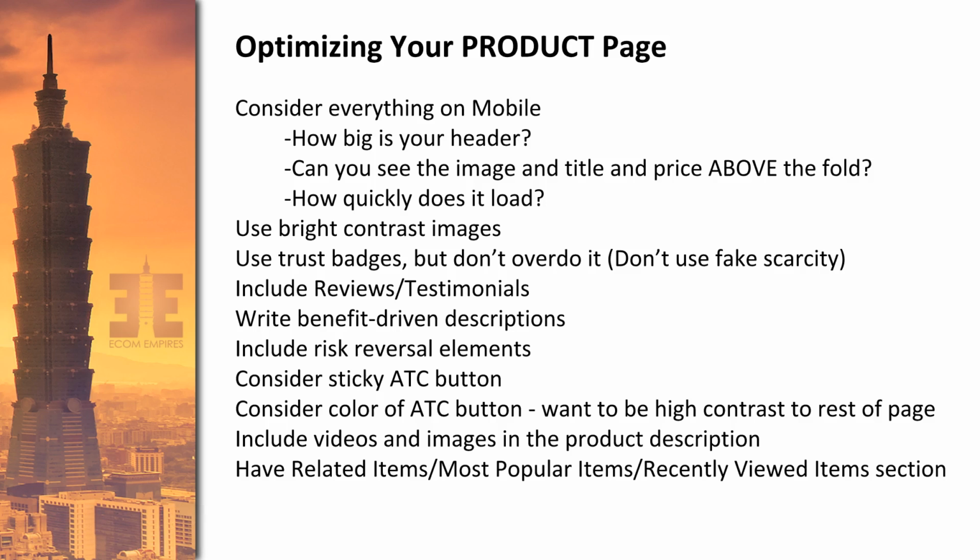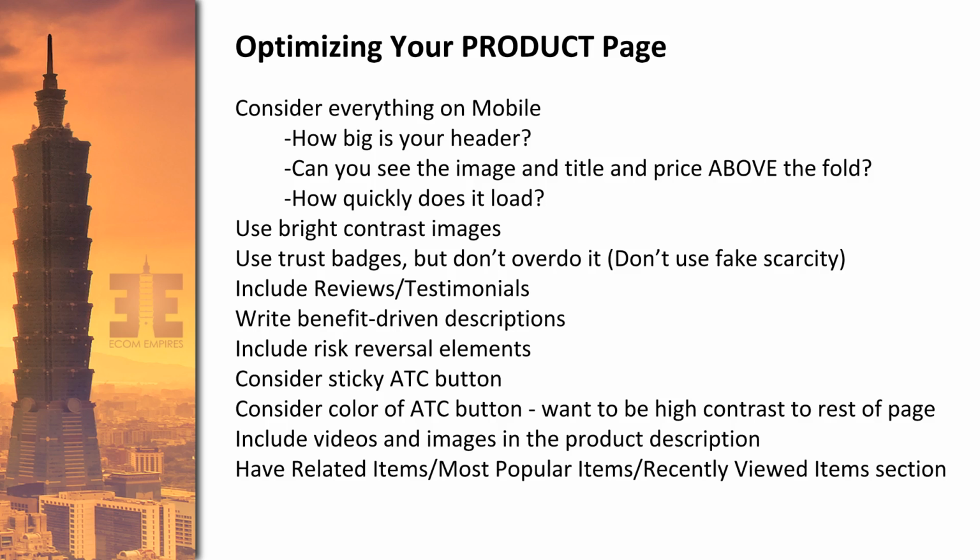Now, when we talk about optimizing specific pages, these are some things to consider on your product page. I already covered some of this, so I'm not going to go through everything in depth, but just look through these points here. One of the first things is to consider mobile. How does everything look on mobile?